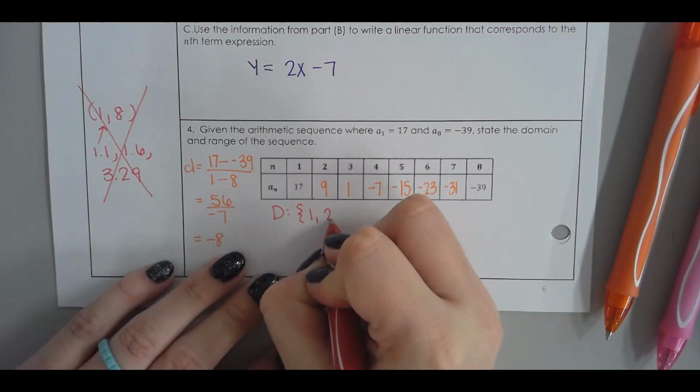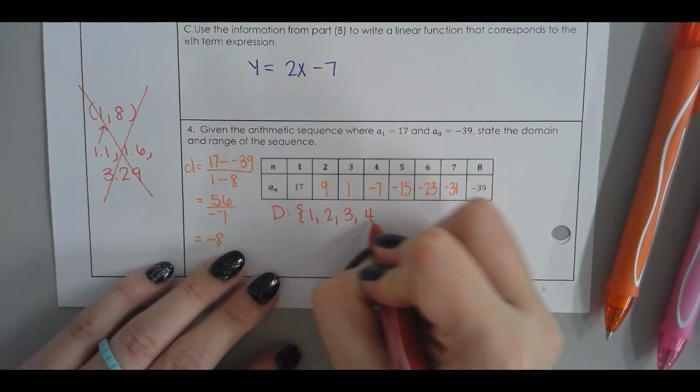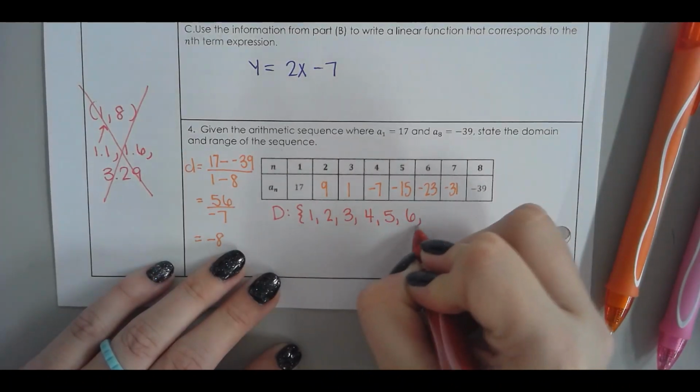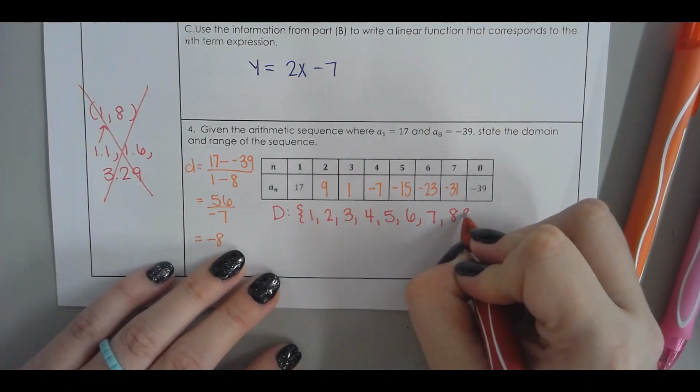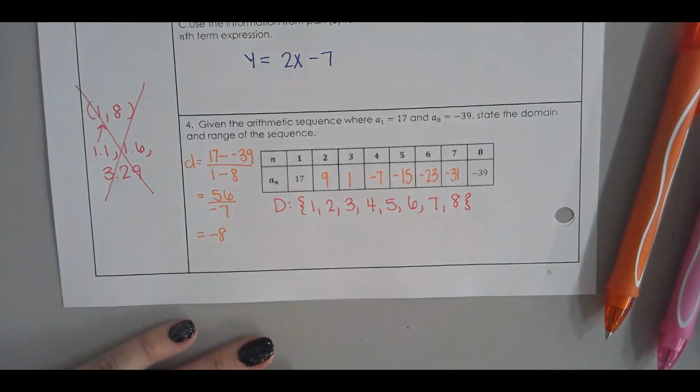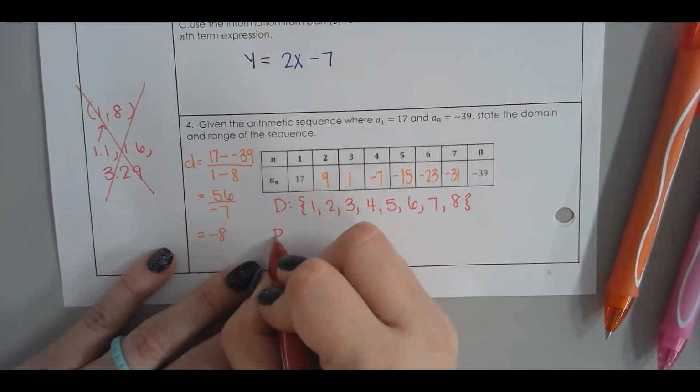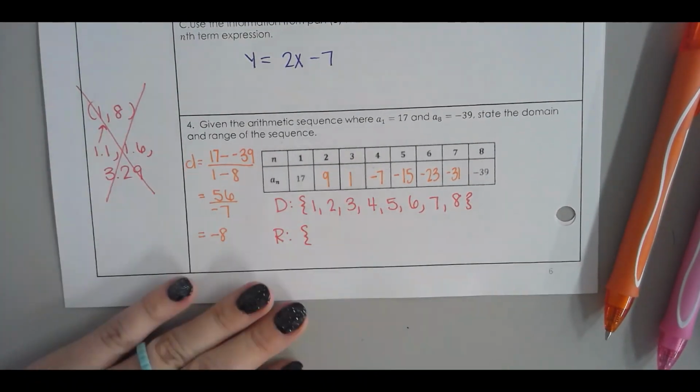1, 2, 3, 4, 5, 6, 7, 8. And in your range, we like to go smallest to largest.